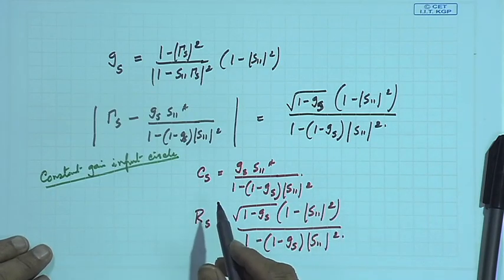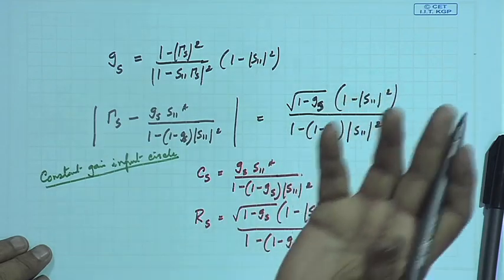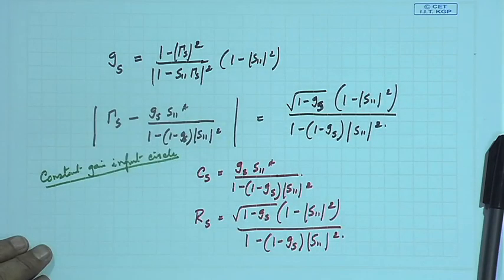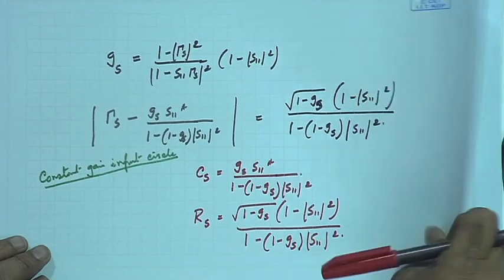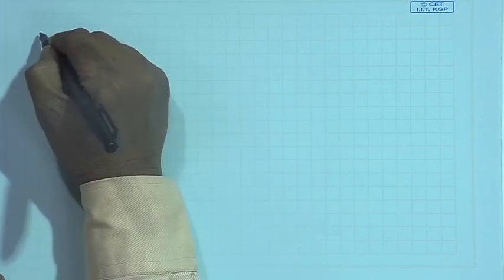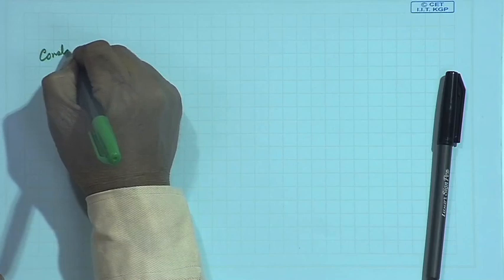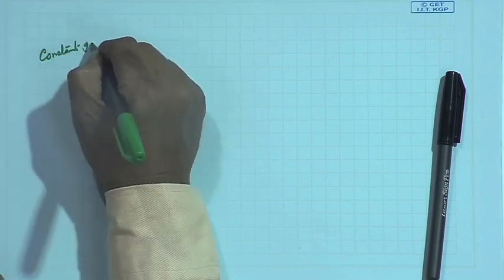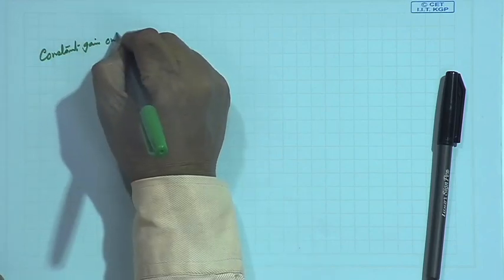So, I can find out this and I can plot that on the Smith chart, that will be a circle. Similarly, I can do for the other thing, that constant gain output circle.